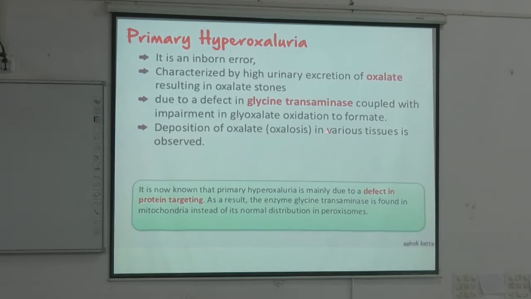More and more oxalates will be accumulated, in the kidney. You have to remember that the glycine transaminase enzyme should be present in the peroxisome, but it is present in the mitochondria, where it has no role.